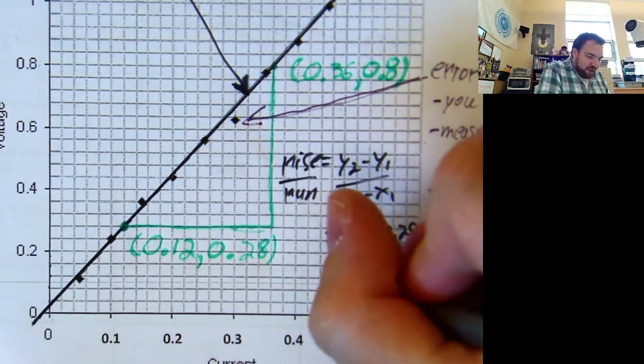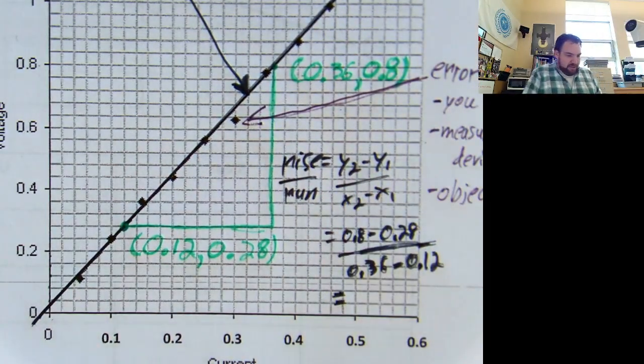And so my slope, assuming I did all that right, is going to be 0.8 minus 0.28. Oops, brackets are important. 0.8 minus 0.28 over 0.36 minus 0.12. Close bracket. Boom. And I want the decimal approximation. So I got 13 over 6 as my slope as a fraction.